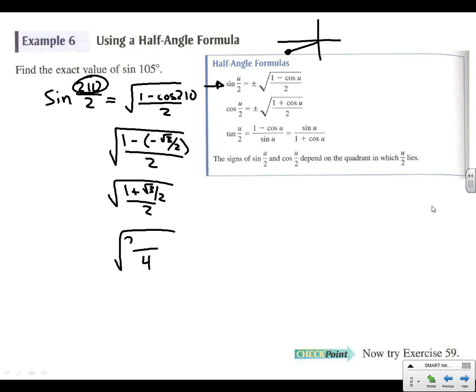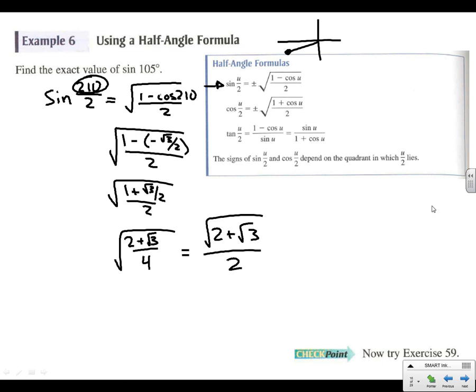This is going to be a 2 plus root 3. And the square root of 4, the denominator can get cleaned up. So it's 2 plus root 3 underneath the square root. You're allowed to have square roots of square roots, and you're going to see that here for the first time, all over 2. Now the question is, is this going to be a positive or a negative?